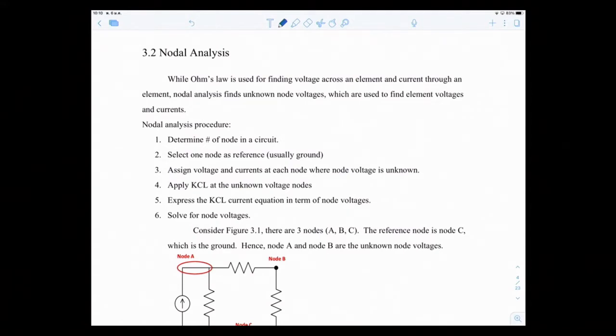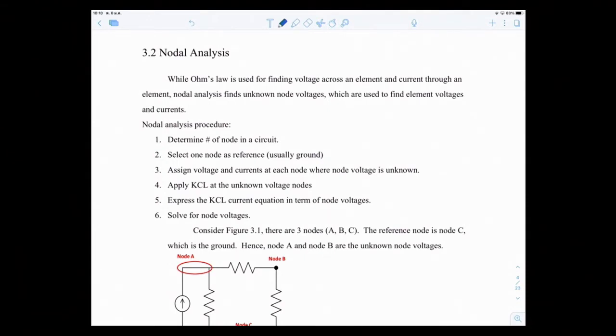First, you look at your circuit and determine the number of nodes in the circuit. Second, you select one node as reference, usually ground. Third, assign voltages and currents at each node, especially where the node voltage is unknown.